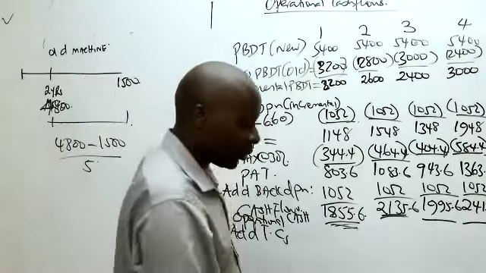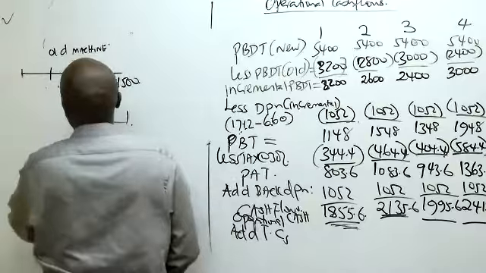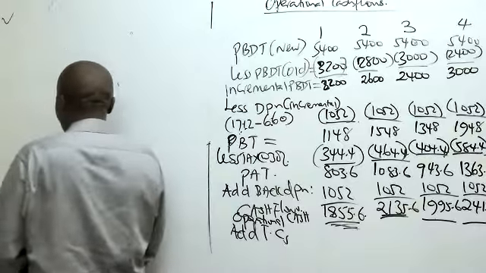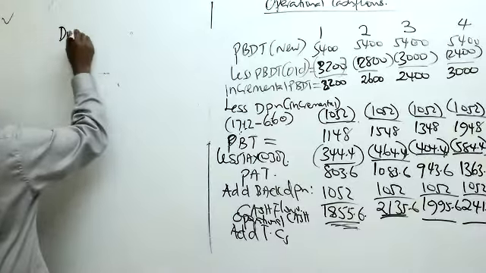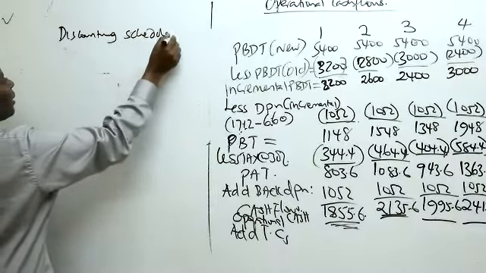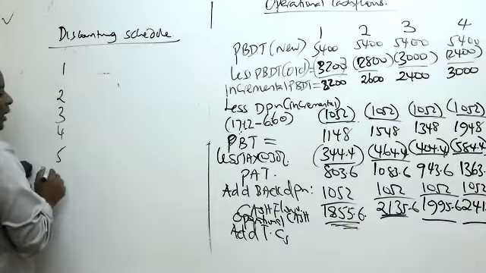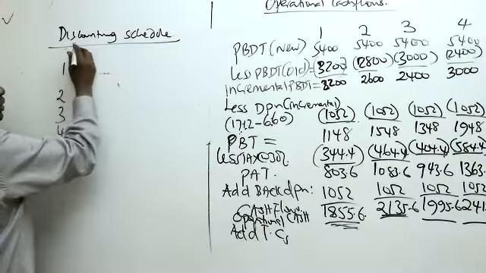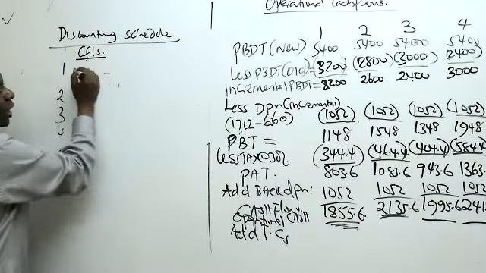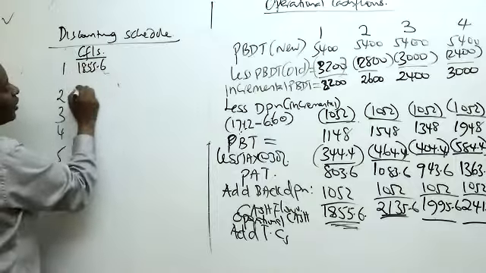Great. Okay, so the discounting schedule, quite easy. Now we have year 1, year 2, year 3, year 4, year 5. We have our cash flows, which we need to discount. Cash flow for year 1 is 1855.6.